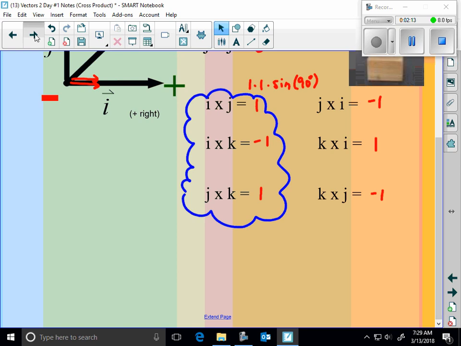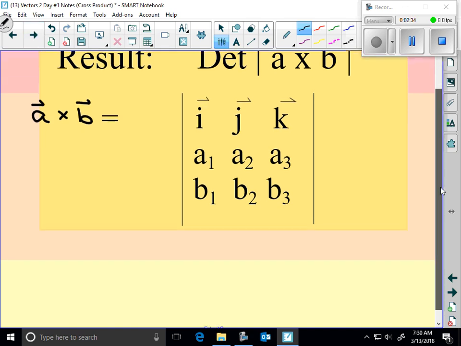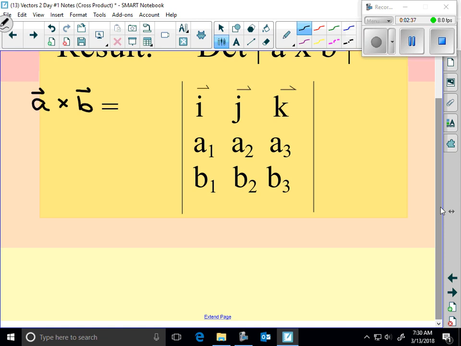So let's get started. The determinant of A cross B. Determinant is just matrix multiplication. That's all it is. Okay, so here's a matrix that's going to represent A cross B. And how we're going to go about that is pretty unique in nature.